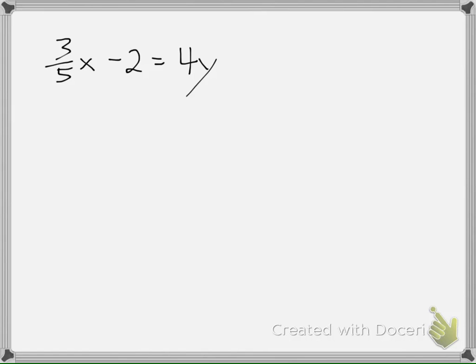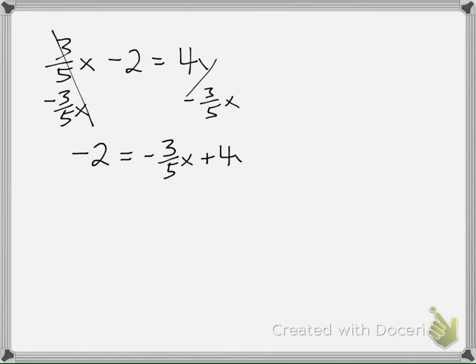3/5 x. Okay, move 3/5 x. And since it's positive, that means I'm going to subtract it. On that side it goes away, so I have negative 2 equals, I want my x term first, so negative 3/5 x, and it's positive, so plus 4y, right?